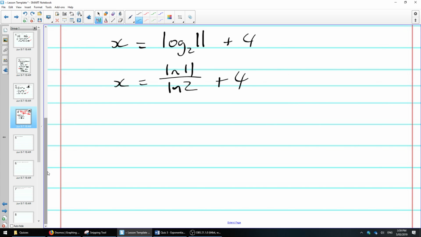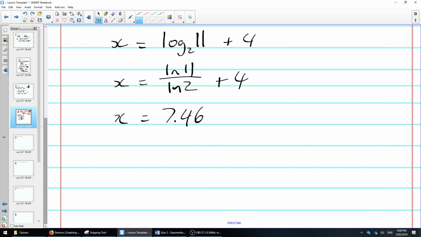Why did I do that? Because there's no button on our calculator that can do log base 2. I'm trying to find the exact number. If the question didn't need me to find 2 decimal places, I could have left it as that. But it does want me to, and my calculator cannot do log base 2, so I'm going to have to do change of base. Once you put that into your calculator, you get 7.46 to 2 decimal places.